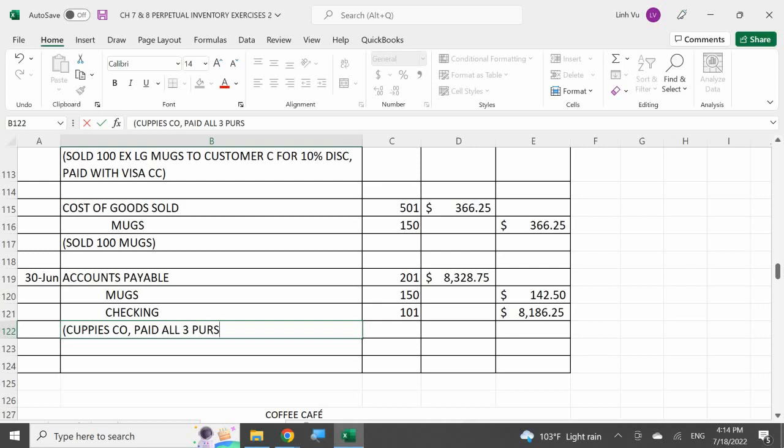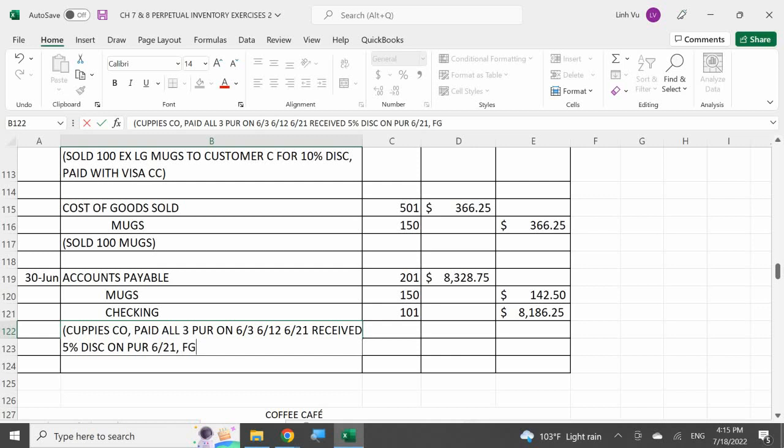Okay. I did one on June 3rd, and I did one on June 12th, and the last one was on June 21st, right? And we received a 5% discount on the purchase made on June 21st.